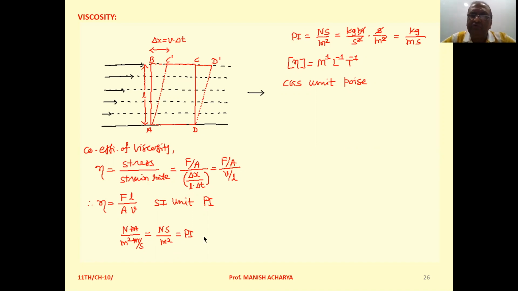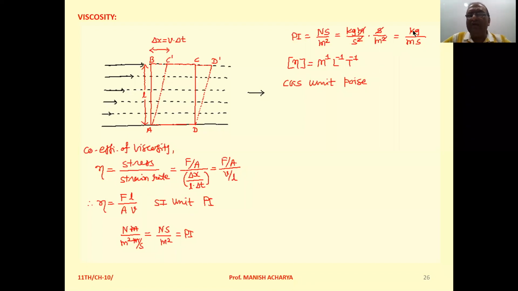Now if you want to find the dimensional formula, simplify this again. Poiseuille is Newton second per meter square, but Newton is kilogram meter per second square, into second per meter square as it is. So finally we get kilogram per meter second.